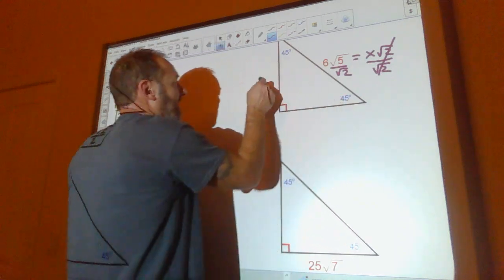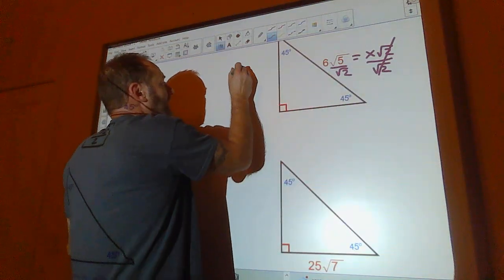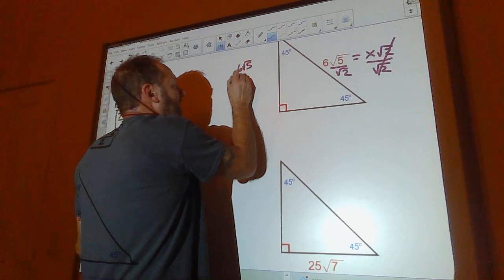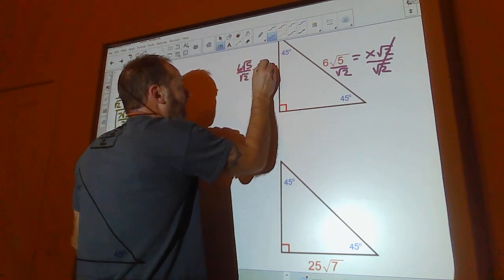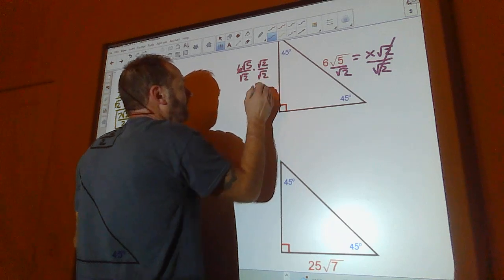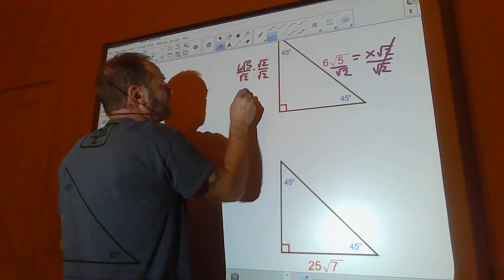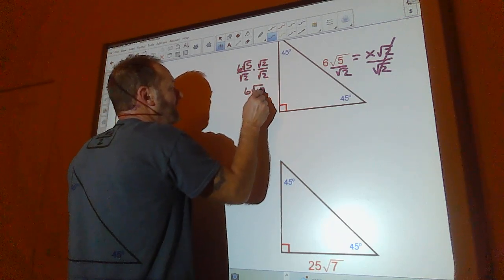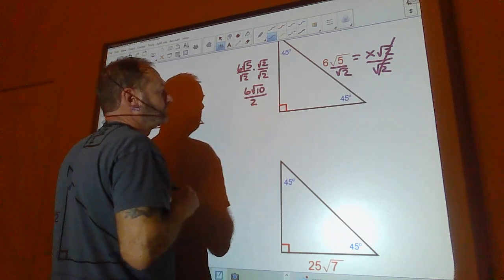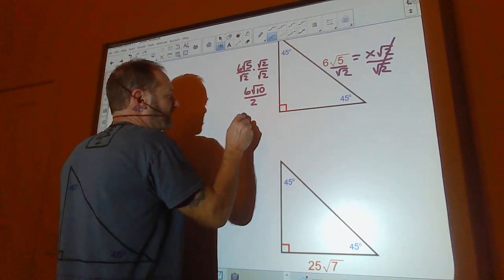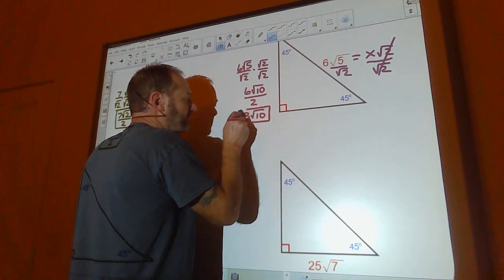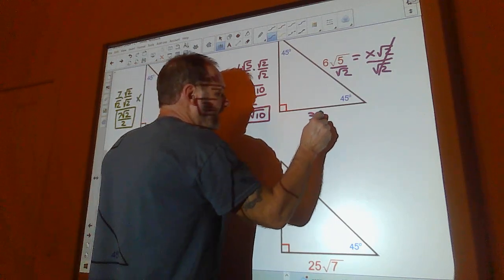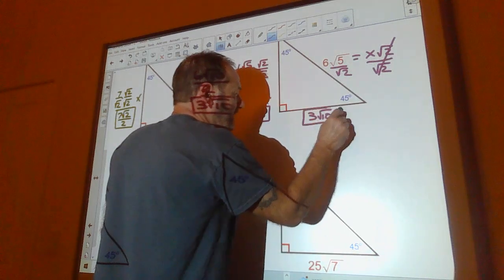And I'm going to get this side right here is going to be 6 square root of 5 over square root of 2, but I have to rationalize it, so I'm going to multiply by square root of 2 over square root of 2. Well, let's see. This is going to be 6 square root of 10 over 2. The 2 will cancel with the 6 and make a 3 square root of 10. So this side is going to be 3 square root of 10. This side will also be 3 square root of 10.